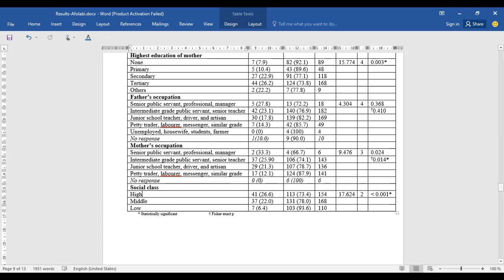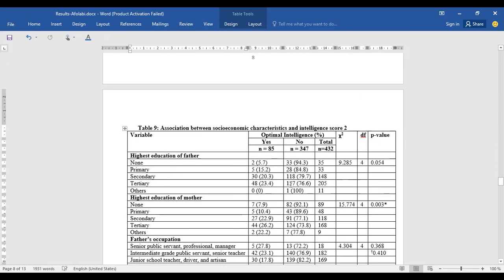Because I have a table 13 where you have simple and multiple logistic regression for all the factors that we have looked at, and for all the factors that were significant on that chi-square table. Those are only those ones that were selected. Yes, except this one that is almost significant, the father's education.